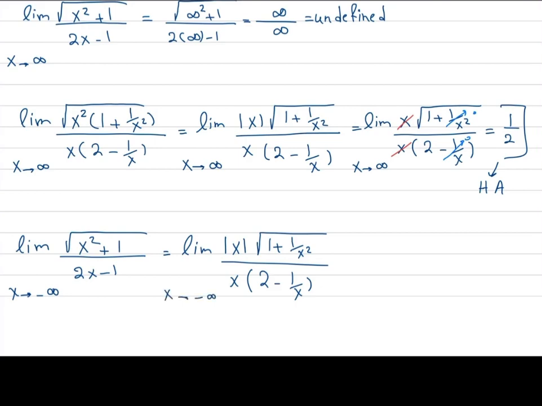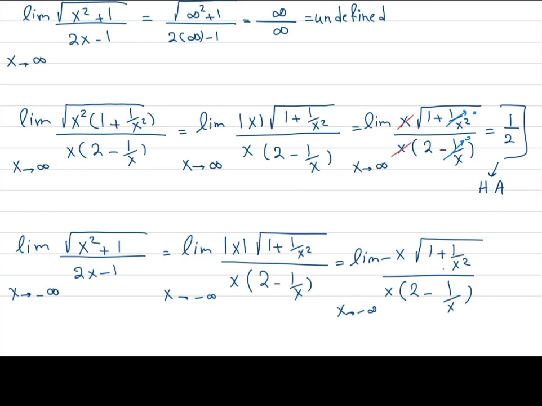In this case, since x is going to negative infinity, x is a negative number. And therefore, inside this absolute value, you have a negative number. When you remove the absolute value, you must multiply x by a minus because the output of an absolute value must be a positive number. So that's going to be the limit of minus x times the square root of 1 plus 1 over x squared, over x times 2 minus 1 over x as x approaches negative infinity.